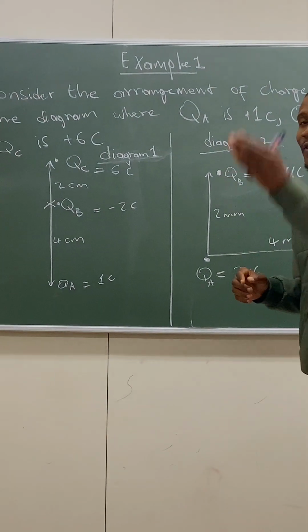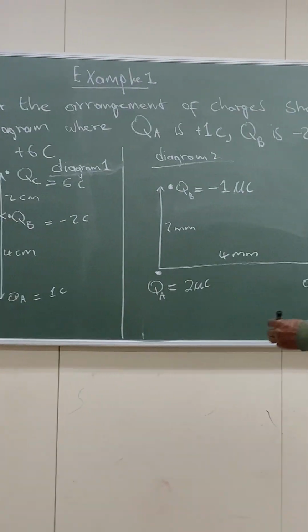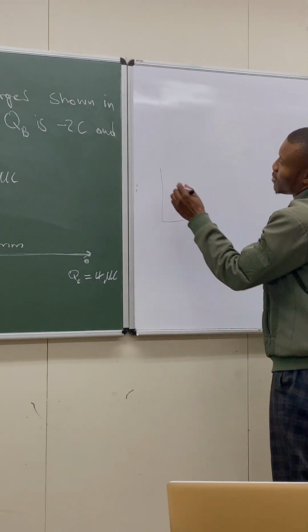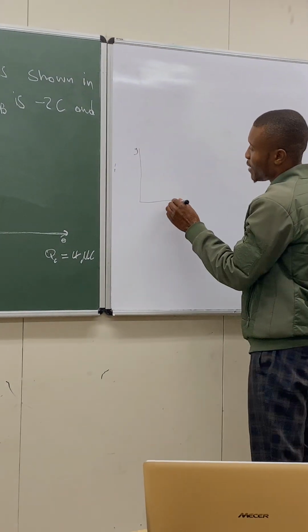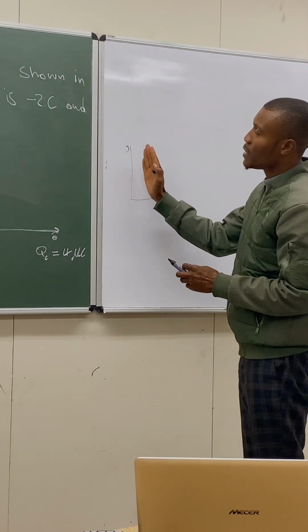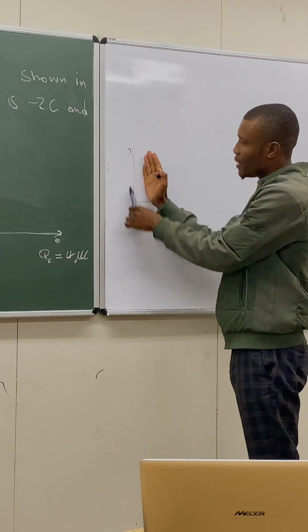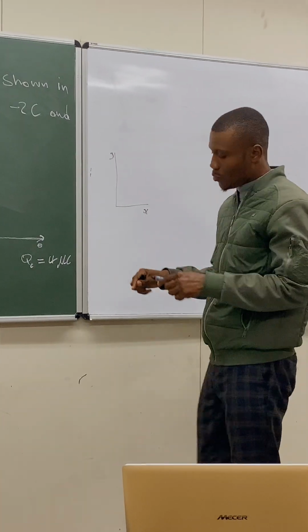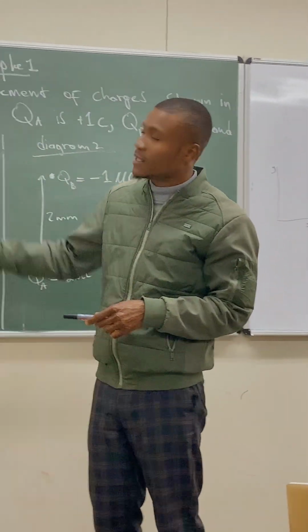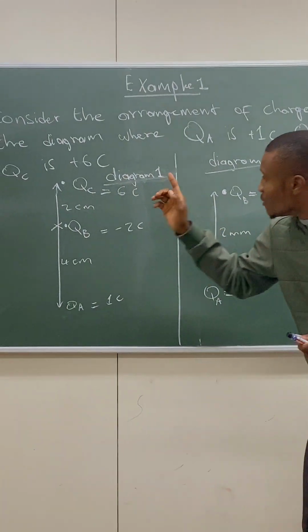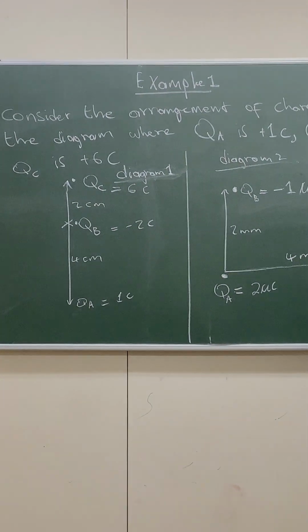As you know, we have X and Y. But now we're looking at one dimension, and as you can see, this one is vertical, so we'll be dealing with one dimension.